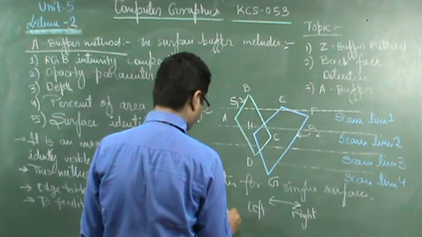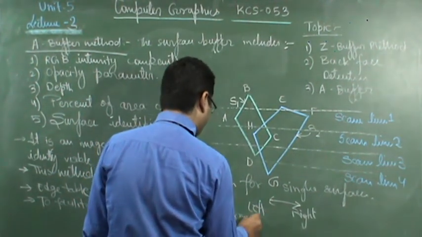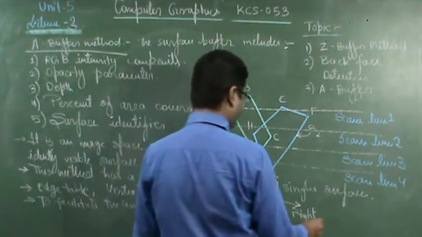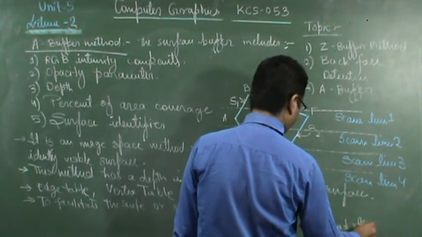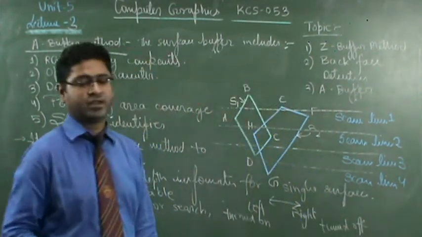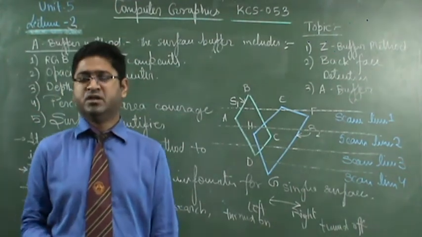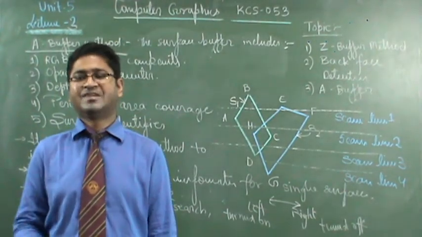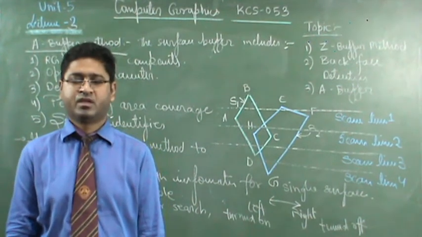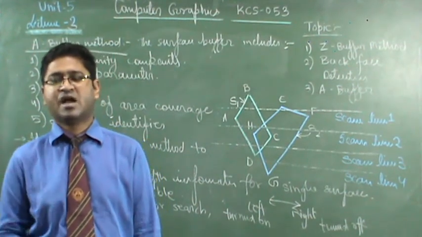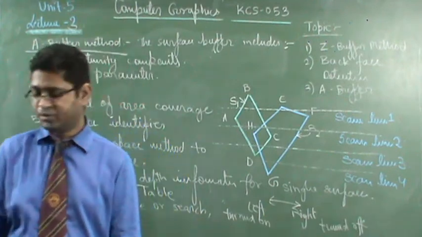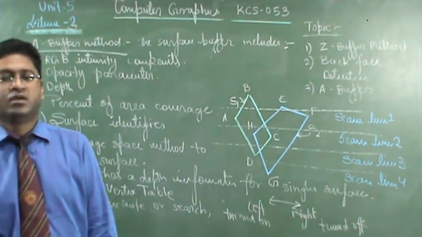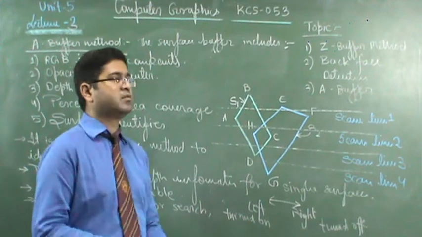So here we are having the turn on signal, and here we are having the turn off signal. You only need to perform depth calculation when multiple surfaces have their flags turned on at a certain scan line position. So what is the next step?